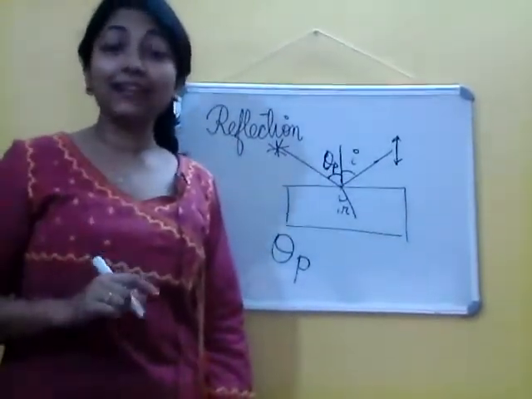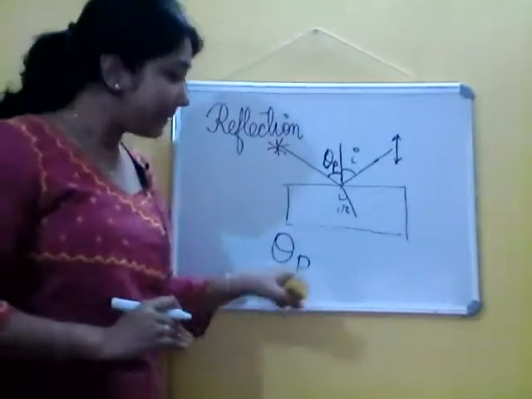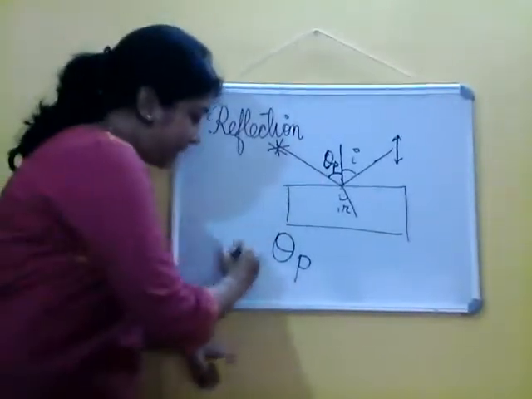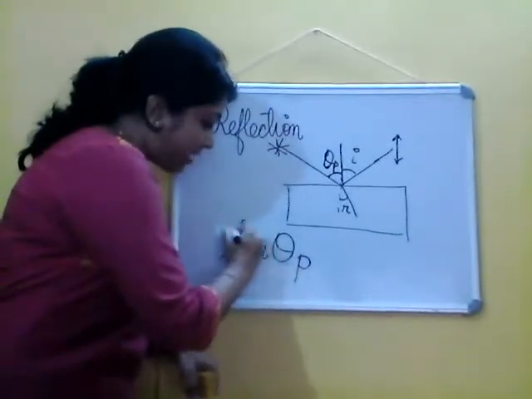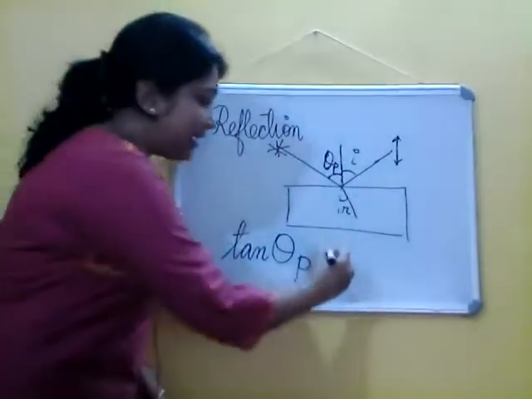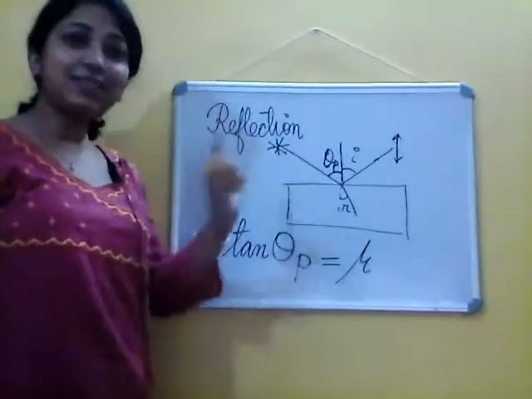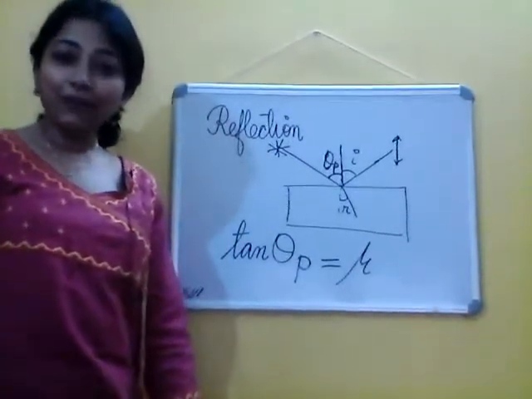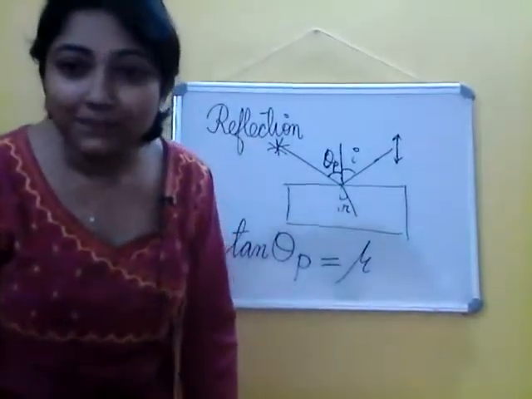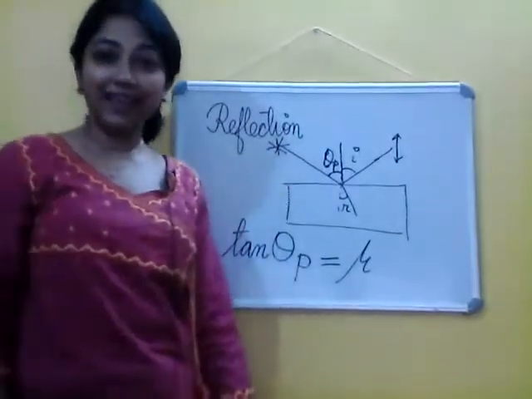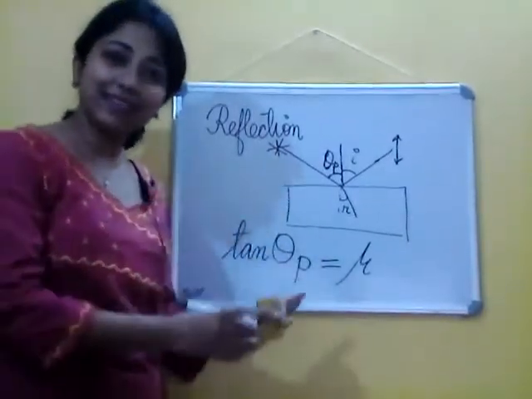And not only that, even more fascinating, the tangent of this particular angle theta p is nothing but the refractive index of this medium. Are you following? Yes, Yusuf, you are right. We are actually coming to the exact Brewster's law.